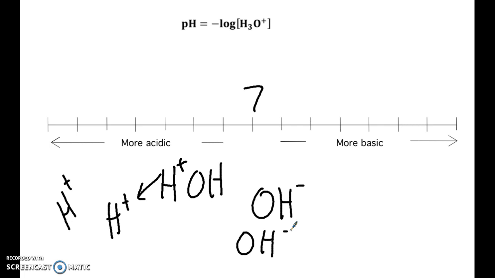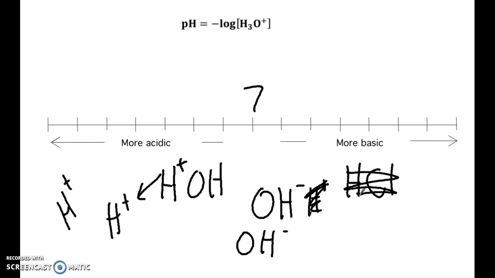Water can act like an acid or it can act like a base. When we put hydrochloric acid into the water, hydrogens come off because the hydrogens can join up with these other things. So basically water is both an acid and a base, but it's going to have the same number of hydrogens and OHs.